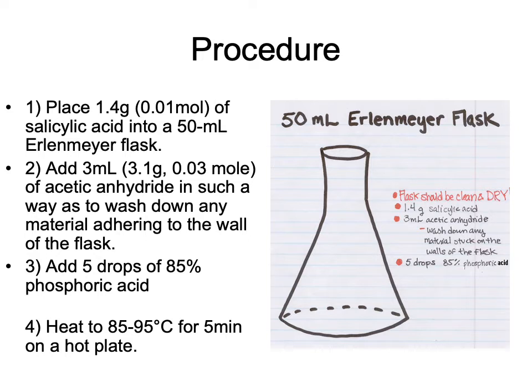Then we are going to add 5 drops of 85% phosphoric acid. And then we are going to heat this mixture gradually.